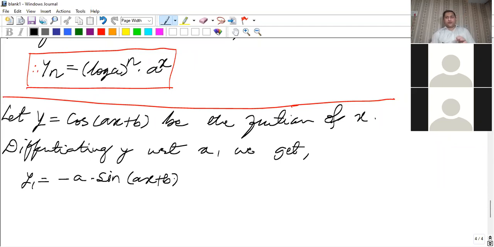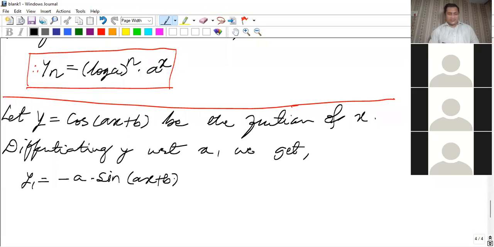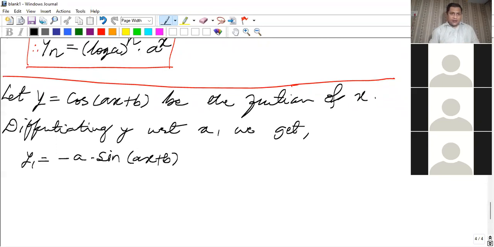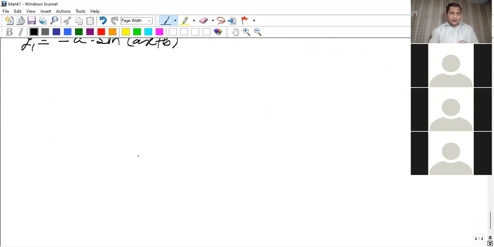All of you agree with this derivative? Yes, sir. Great. Now slightly we forget about this derivative, and we think of a formula, which is very easy. So cos of a plus b. So this is cos a.